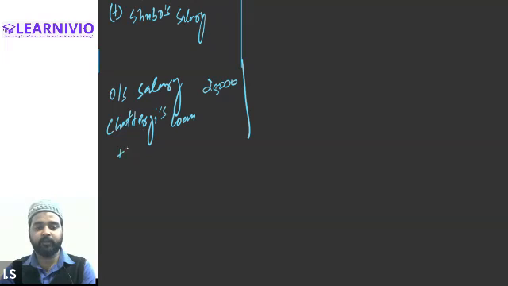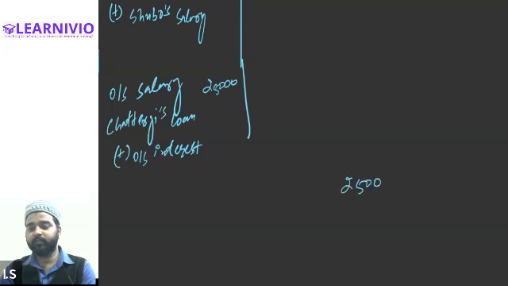Plus we will add outstanding interest on loan. So for that we will have to calculate interest. On 25,000 we have to charge 18% per annum, the rate of interest for the entire year, but the interest is outstanding for only 6 months. So we will be calculating interest of 6 months only.